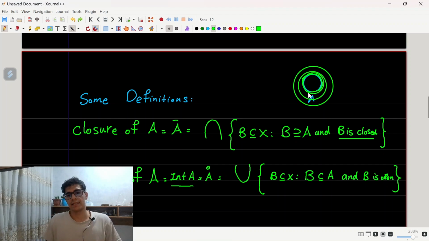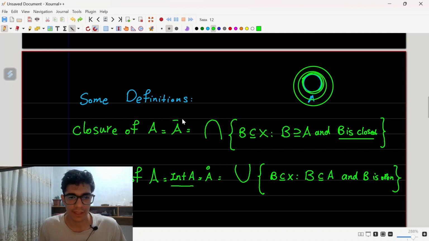As you can see, there is nothing left from the boundary of A which is not covered by this B. That's just a visualization.